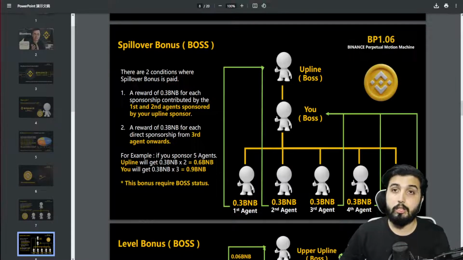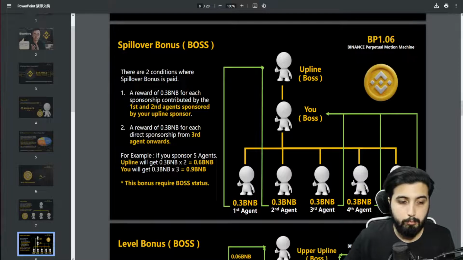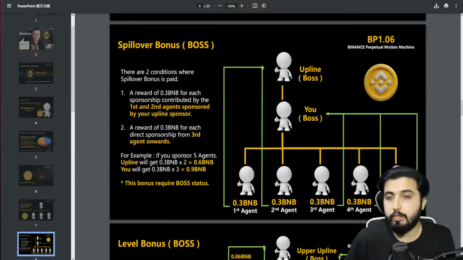Again, we're going to go over the conditions one more time so that we can understand it better. A reward of 0.3 BNB for each sponsorship contributed by the first and second agents sponsored by your upline sponsor, and then a reward of 0.3 BNB for each direct sponsorship from the third agent and onward.